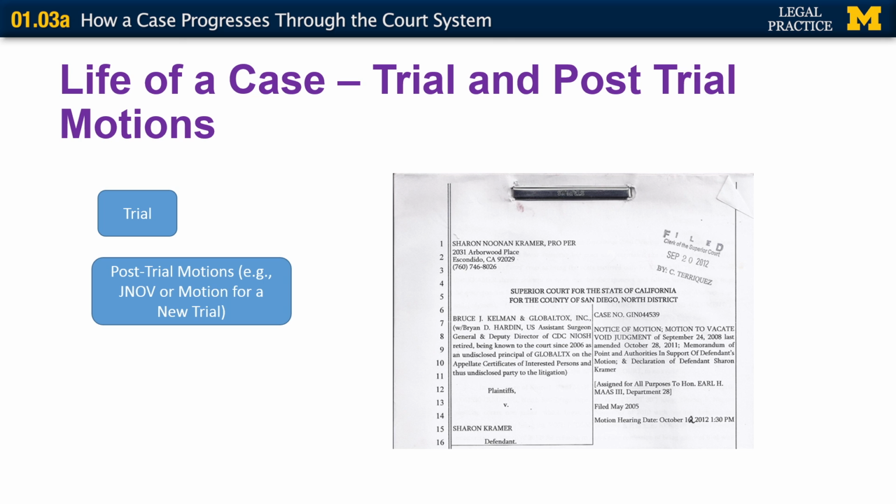Two of the most common post-trial motions are the motion for a new trial or a motion for a judgment notwithstanding the verdict that you'll see often abbreviated as JNOV, where essentially the losing party is asking the judge to reverse either its own decision, the judge's own decision, or to reverse the decision of the jury.